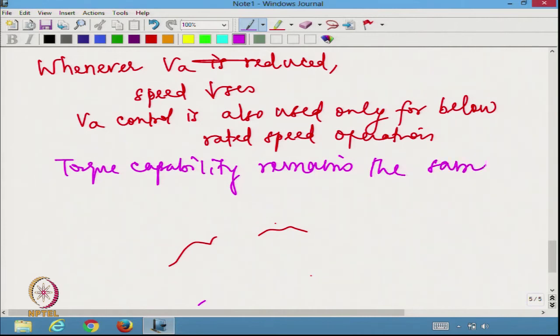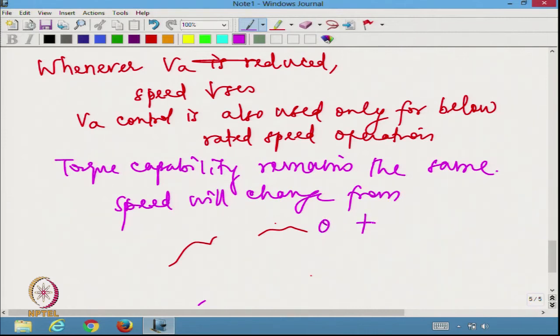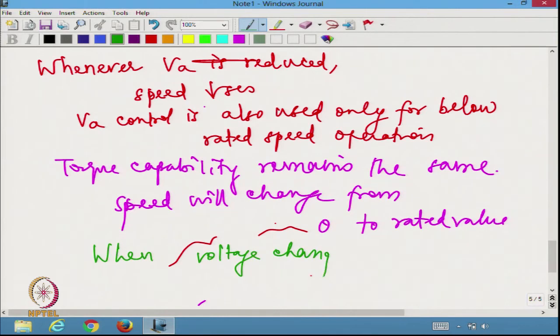That means speed will change from 0 to rated value when voltage changes from 0 to V rated.